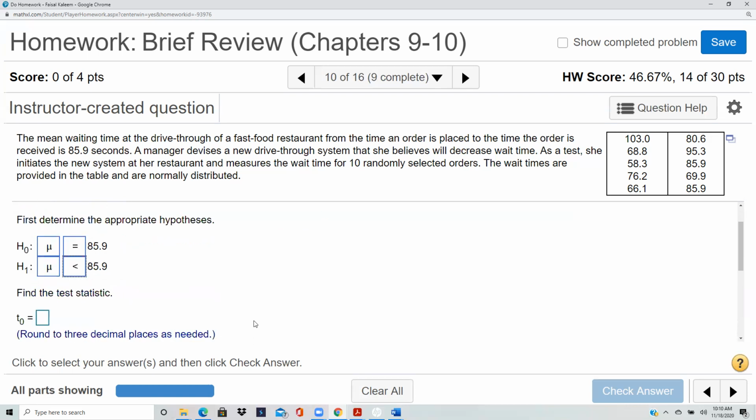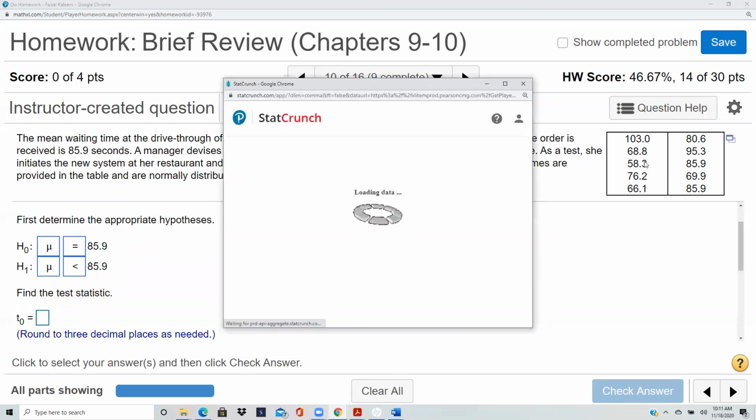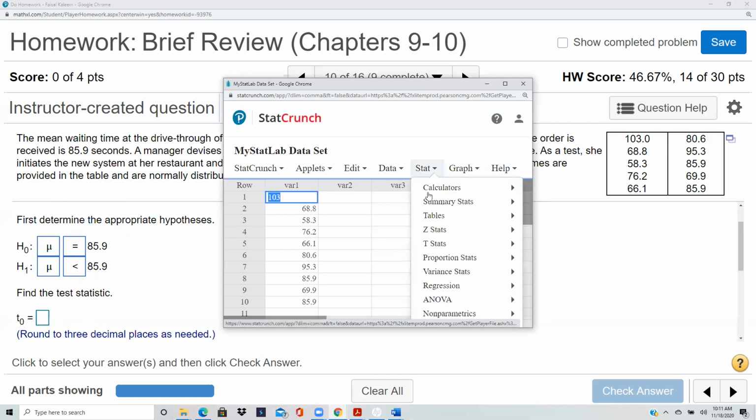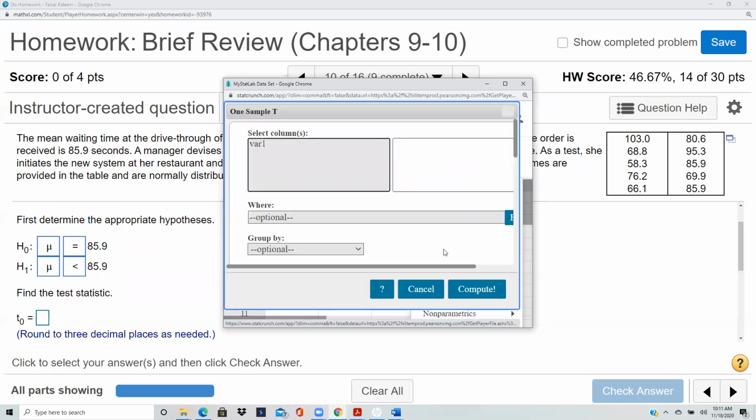We would use t-stats with data. Why t-stats? Because we're trying to figure out the mean wait time. Good, good. Okay, so copy. Stats, t-stats, on sample data.